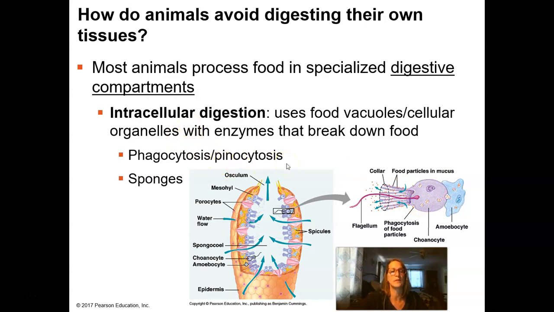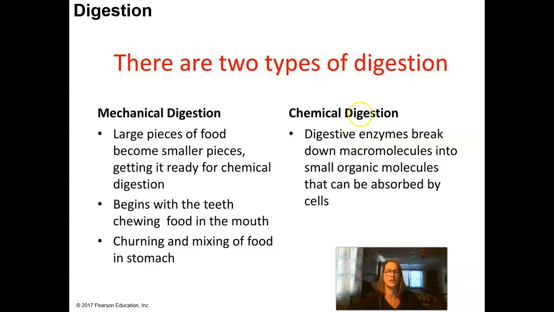Pinocytosis is almost the same as phagocytosis, although pinocytosis is taking in water instead of food. So these use intracellular digestion, which is using the little vacuoles, cellular organelles, to break down the food. And that's the very smallest of the digestive compartments. But you can see that the enzymes aren't really within the tissues of the animal. They're just within those little vacuoles.